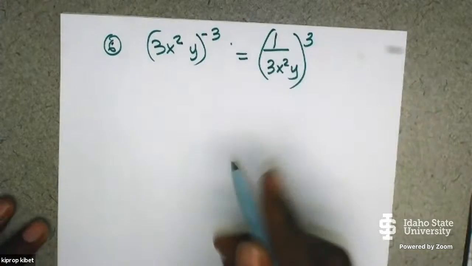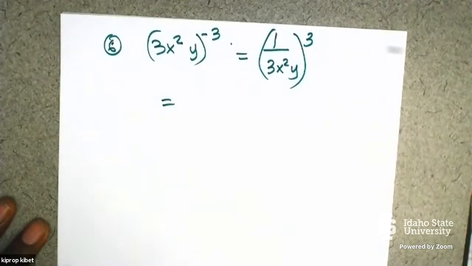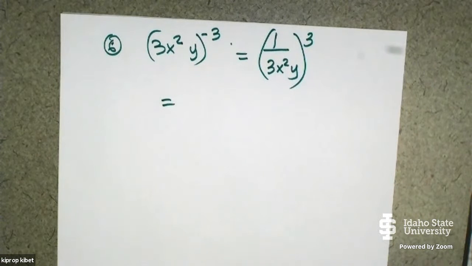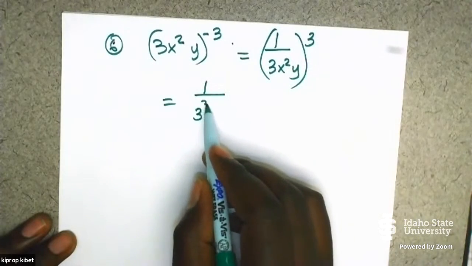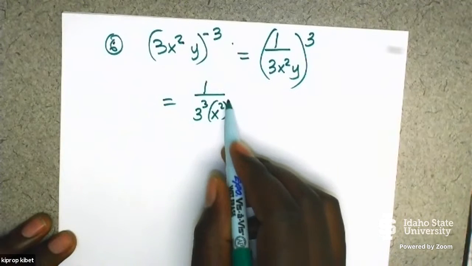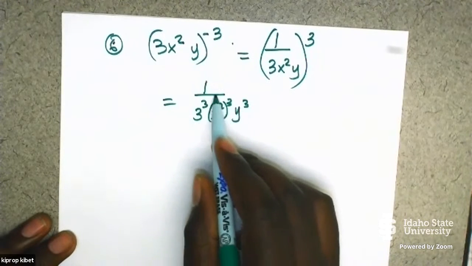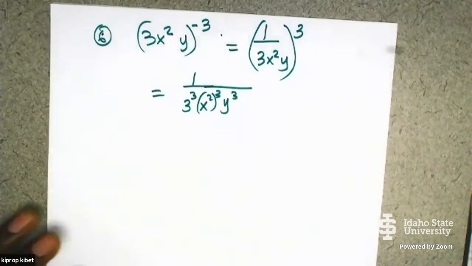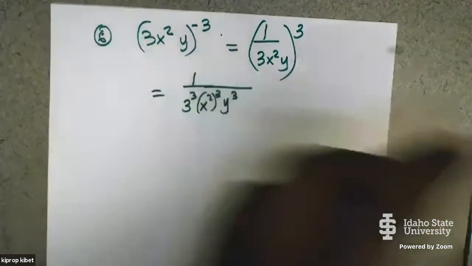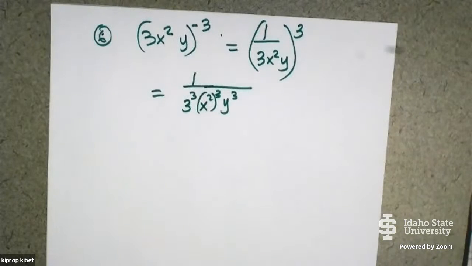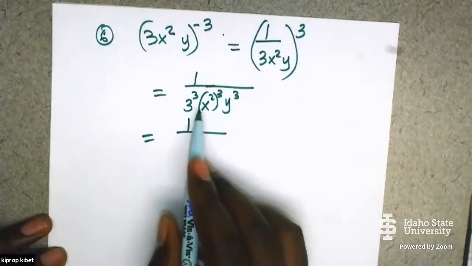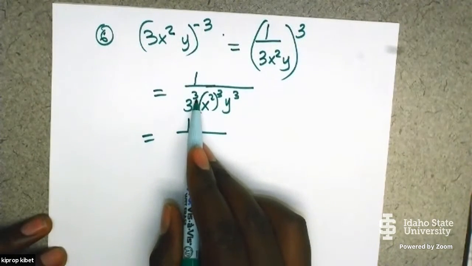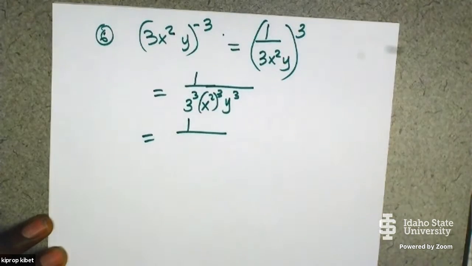Now, when you simplify, you distribute this power using property number 7. So when you distribute the power, it will be 1 all over 3 raised to 3, x squared raised to 3, and then y raised to 3. So you raise each one of them by 3. Now, finally, 1 all over what? 3 raised to 3 is 27.